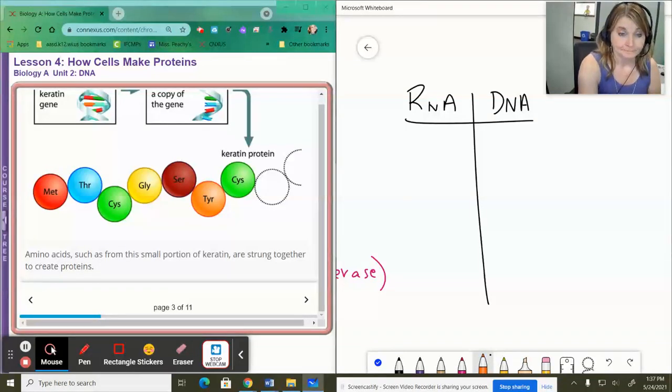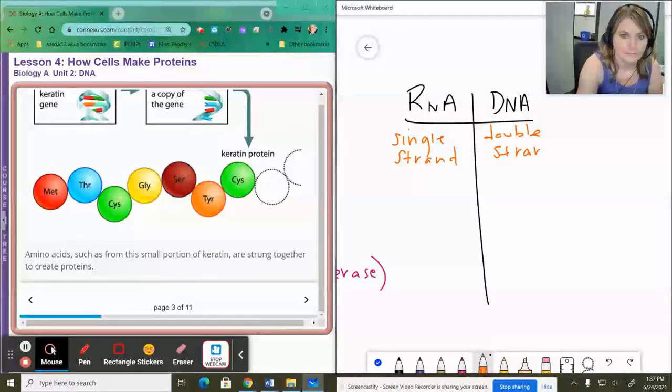RNA is single-stranded. DNA is a double helix, it's double-stranded. So there's our one difference.